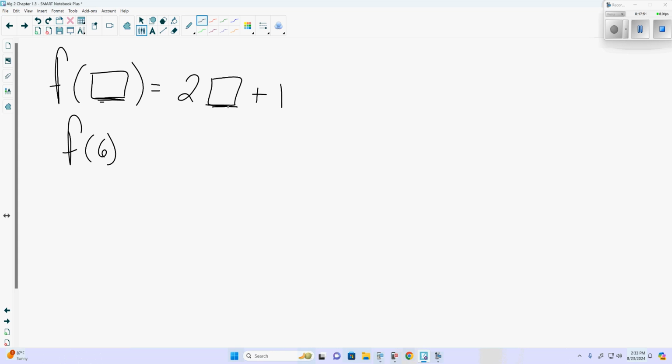So if instead of having f of x, I have f of y, we fill it in where all the x's are, essentially where that box would be. And I'm not restricted on it being just x, or just a number, a letter. It can be whatever we want, because we can do x plus 1.